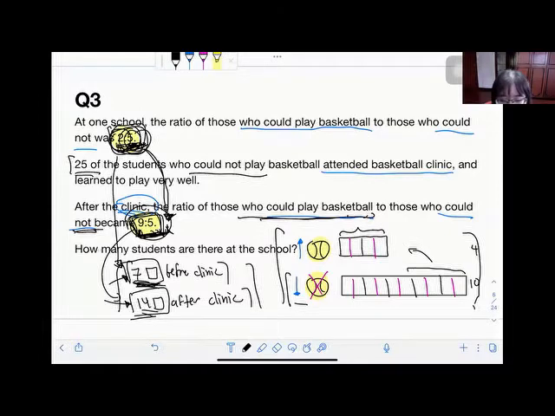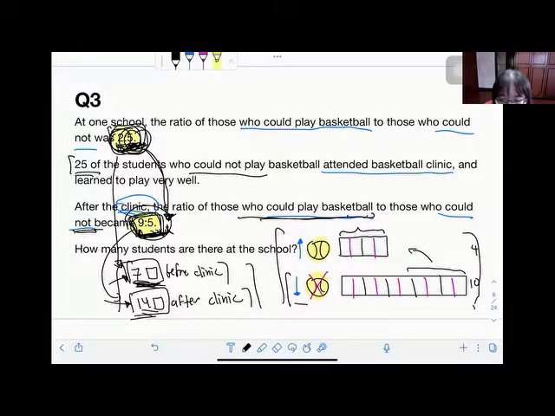So ulitin ko yung sinabi ni Scott, Ma'am Marilu. Doon sa drawing, 4 boxes on top, 10 boxes down. But after the clinic, you will have 9:5. So parang ang dami ng aakyat.